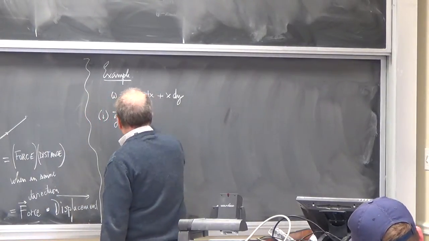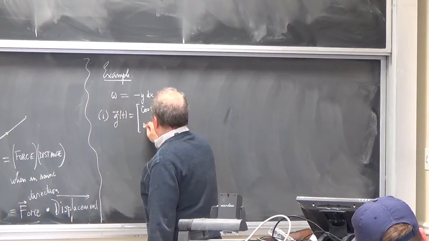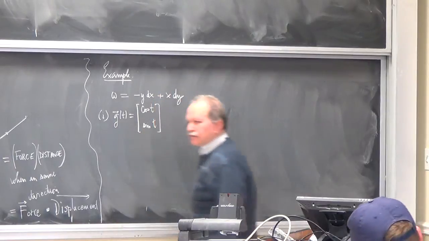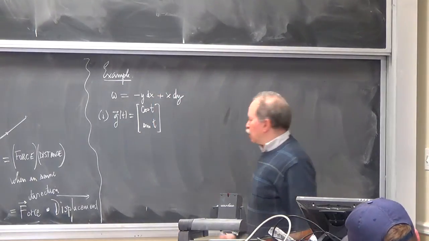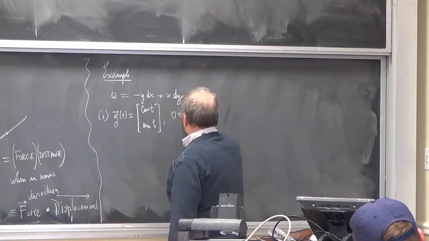I'm going to take the following: the circle that goes, say, from t equals 0 to pi over 2.